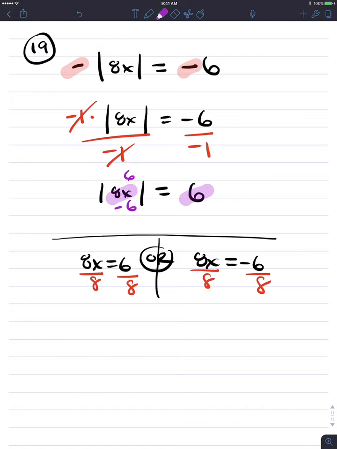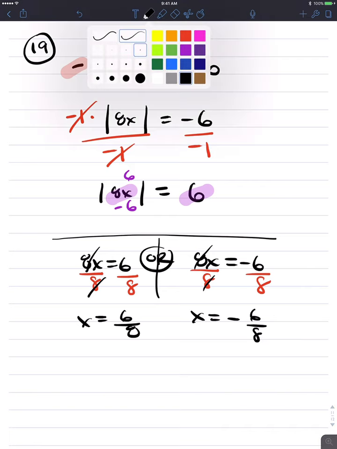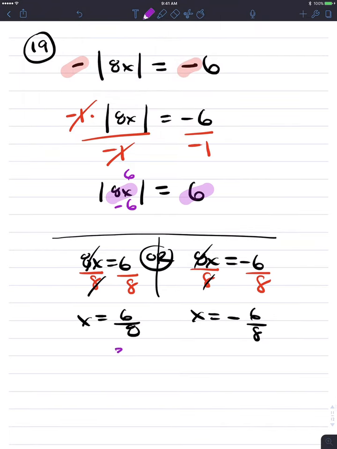And you're going to get some cancellation with the 8. We get x equals 6/8, or x is minus 6/8. We've got to simplify this fraction. Notice 6 is written as 2 times 3, and 8 is 2 times 2 times 2.